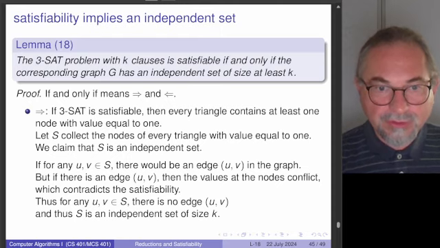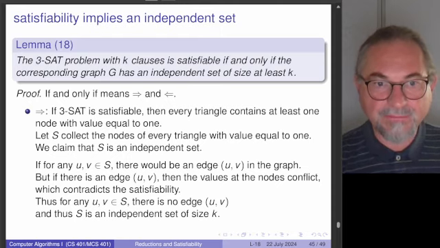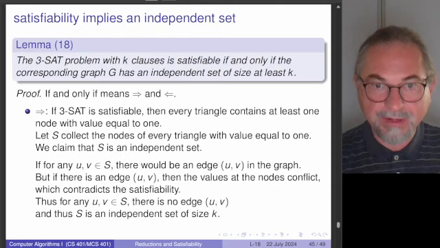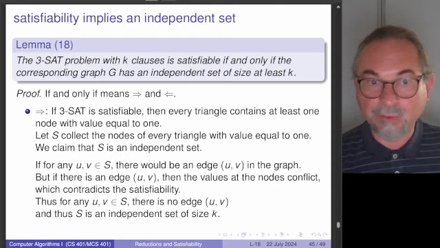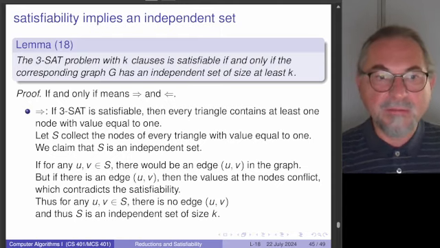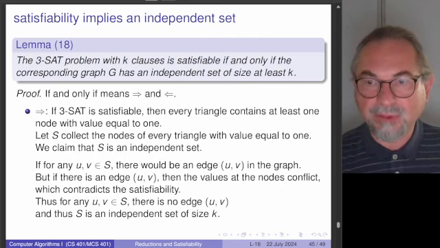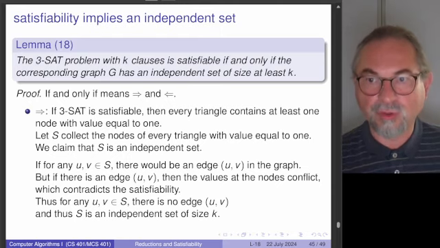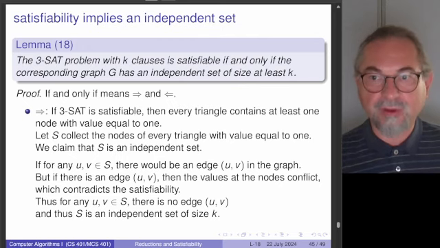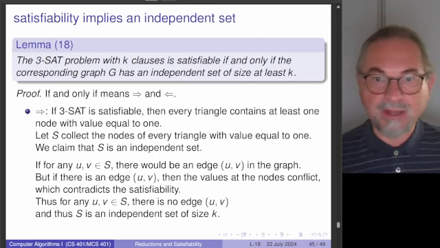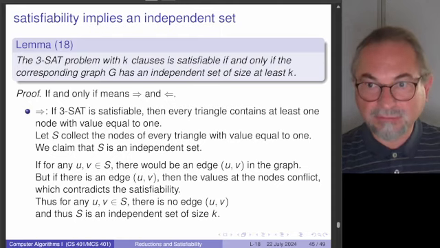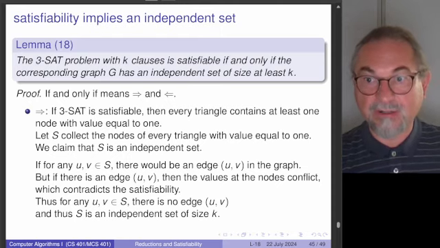We will show this by contradiction. Suppose that for any pair there would be an edge, so that would mean that we wouldn't have an independent set. But that would contradict the satisfiability, because we have a connection between the nodes of different triangles if they are negated.